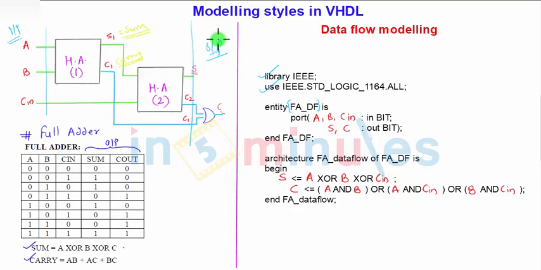The inputs will be bit type data, a single bit for A, B and C in, and the outputs will be S, comma, C, that is the sum and the final carry C. This will be out bit type data. Only a single bit is there, 0 or 1, that is in the standard logic. And the entire entity is defined here, port inputs and outputs. So we'll end the entity by writing the syntax end followed by the entity name and semicolon.